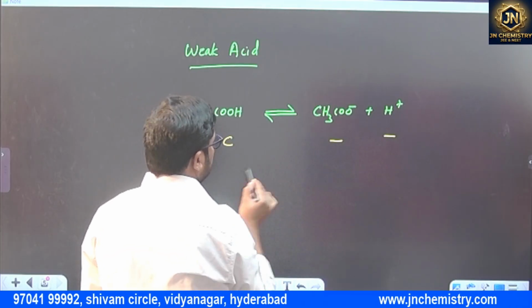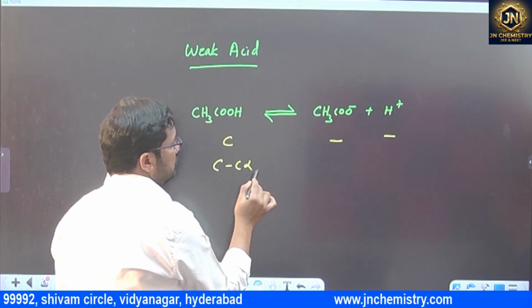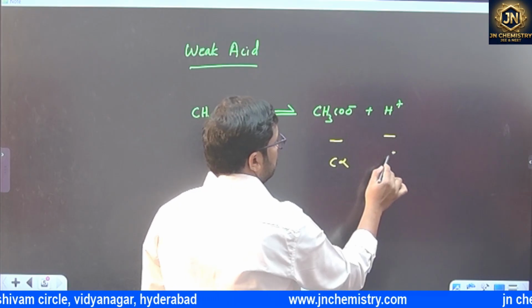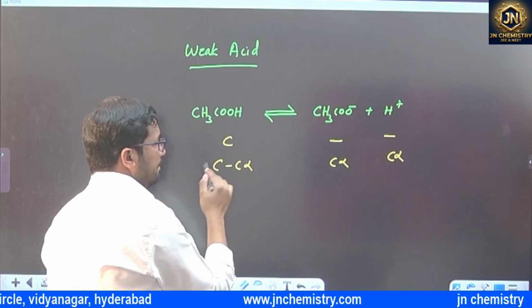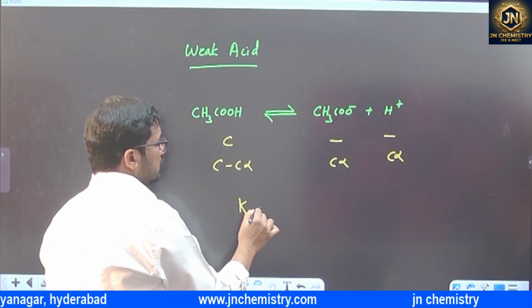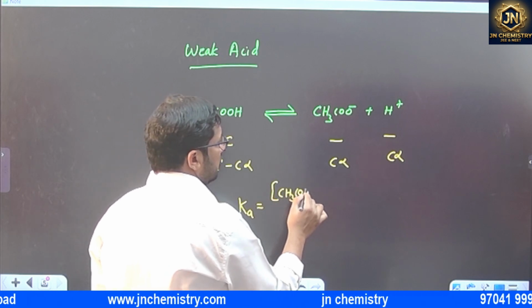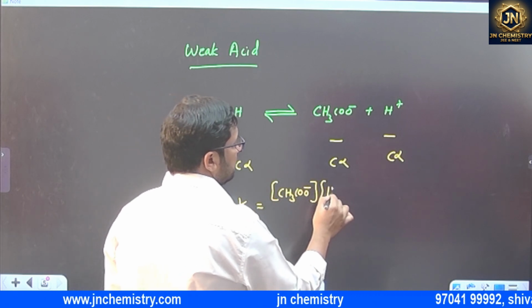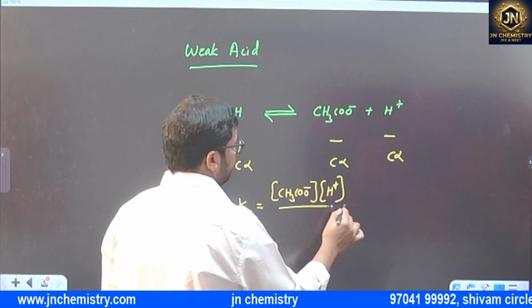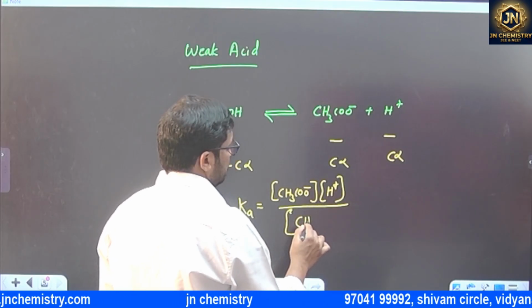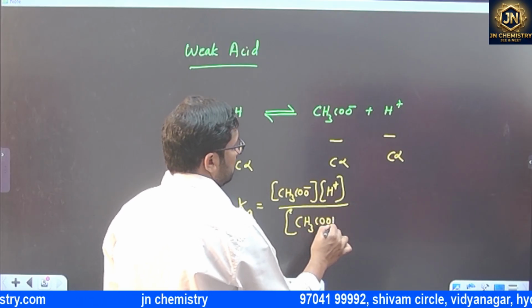Concentration: C, C minus C alpha, C alpha, C alpha. So the acid dissociation constant Ka is equal to CH3COO minus concentration times H plus ion concentration divided by CH3COOH concentration.